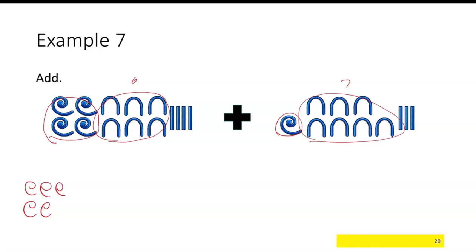So altogether, I can think of this as 13 of these heel bones. So 13 of these heel bones, that's the same thing as 1 coiled rope and 3 heel bones. So I can replace 10 of those heel bones with a coiled rope. So I'll add another coiled rope and put 3 heel bones.